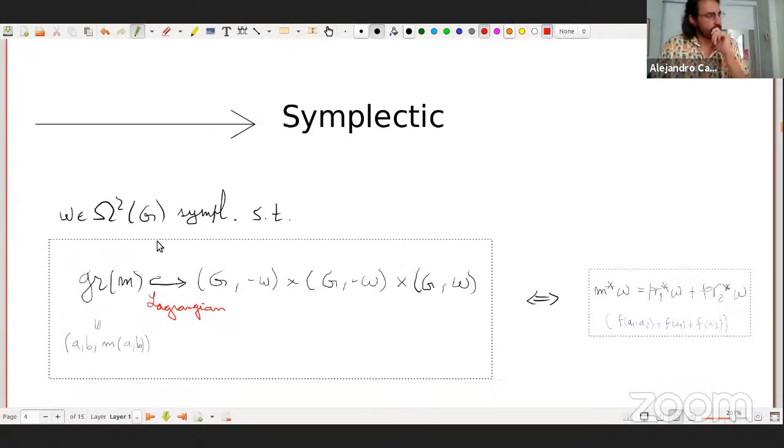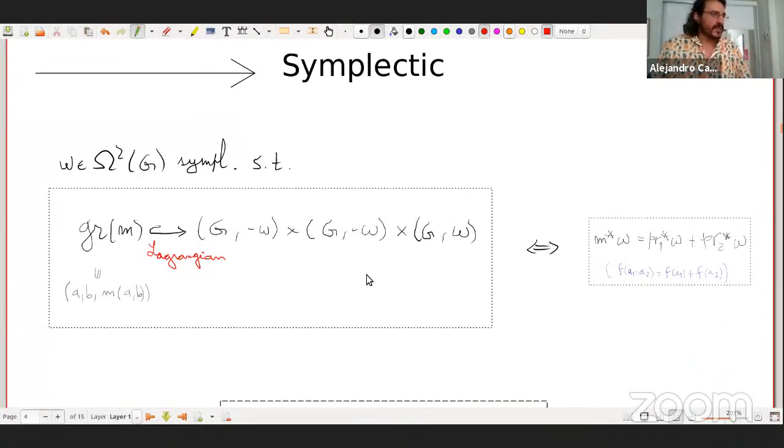We think that the space of arrows comes with a symplectic structure in such a way that the relation that gives the composition, so A, B, and the composition of the two living inside here, is Lagrangian. There are these two minus signs, which are important. And this can be seen to be equivalent to a cocycle condition on these two forms.